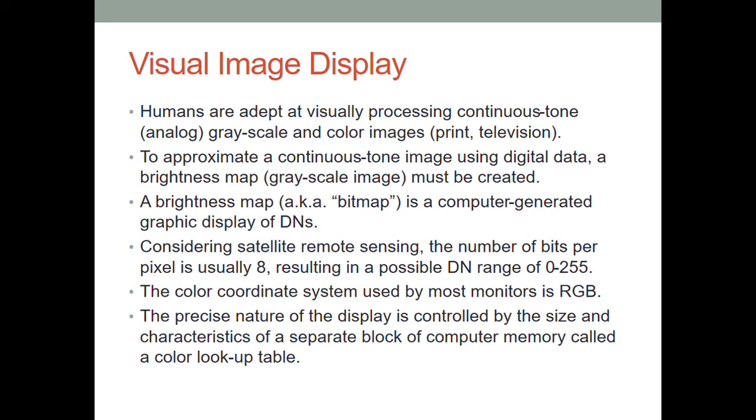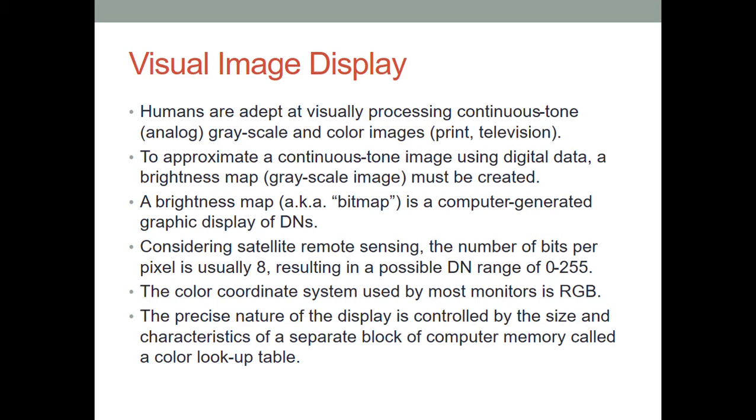Therefore, what we see on our monitor is a representation of the value in a form that humans can easily understand. Considering satellite remote sensing, the number of bits per pixel is usually 8, but of course now you have 12 and 16, resulting in possible numbers of 0 to 255. The color coordinate system used by most monitors is RGB.